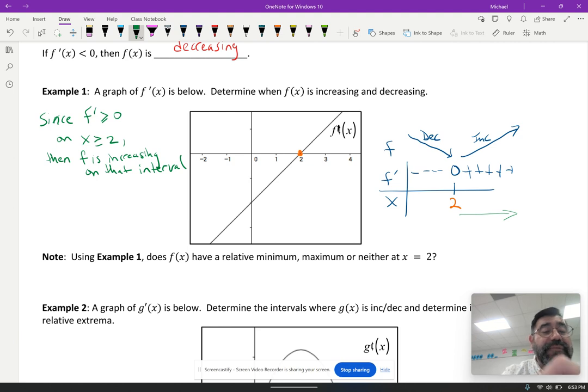Let's try it again. Let's see if we can clean up this phrasing. Let's see if I can also clean up my handwriting. Since f prime is less than or equal to 0, then f is decreasing on x's that are less than or equal to 2.